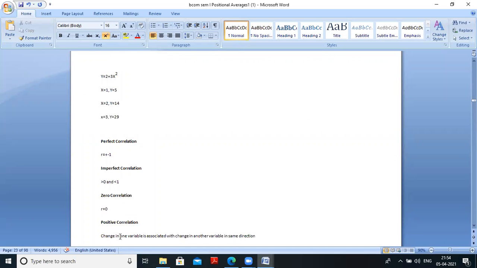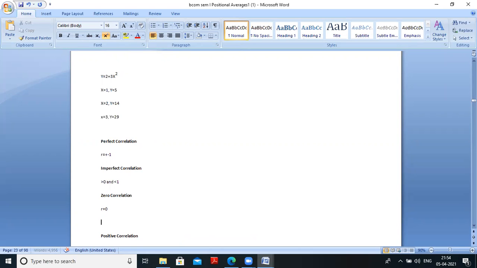If the variables are non-linearly related to each other, even then R will be equal to 0. If there is only a non-linear relation between two variables, then also R will be equal to 0, but we can't say that there is zero correlation. Correlation exists between two variables, but R is 0 in that case.